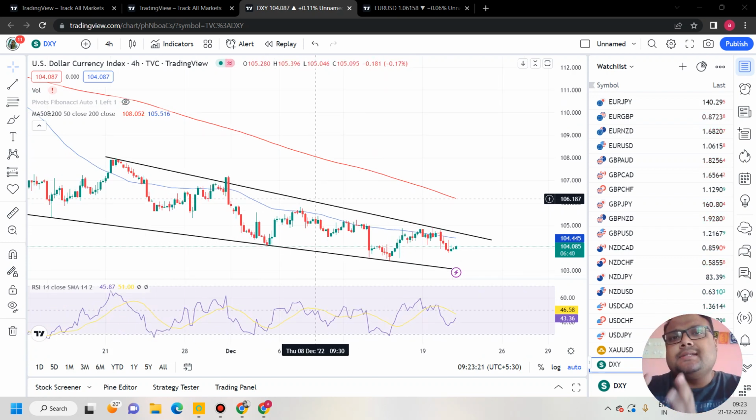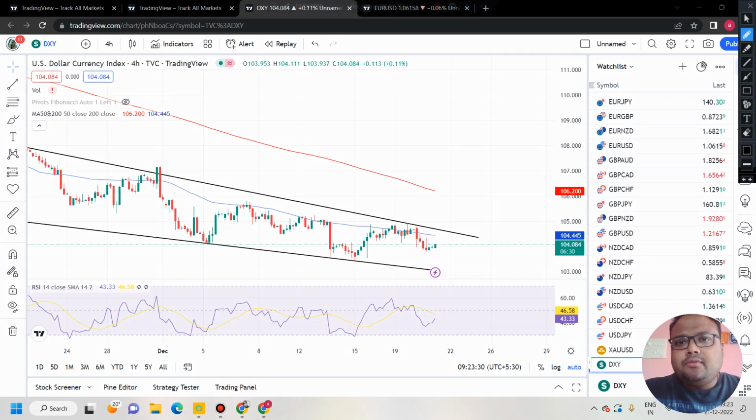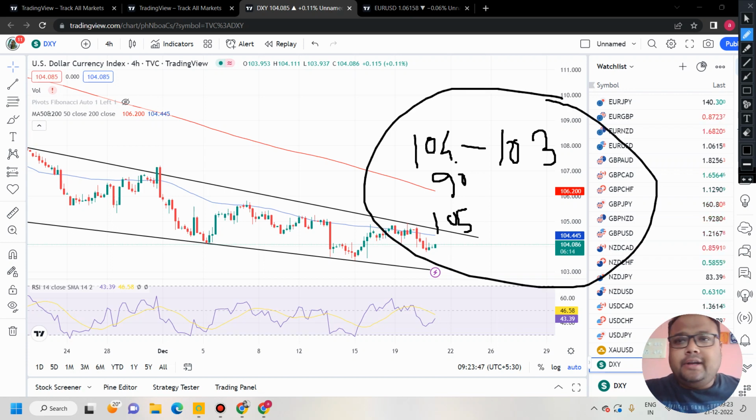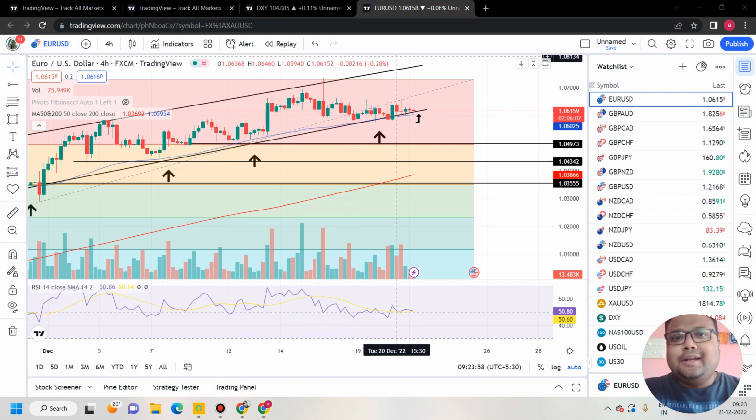So right now, when there is less volume in the market and the volume will reduce further by tomorrow, day after tomorrow, market should remain within the range of 104.90 to 105 on the upside and 103 on the downside. This is the range for DXY right now, and DXY should remain within this range only if there is no sudden news in the market.